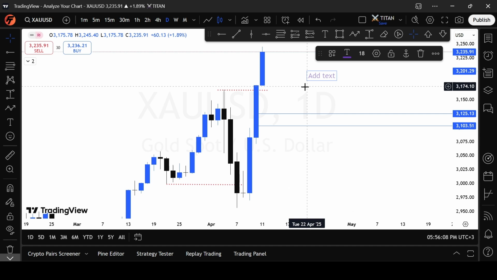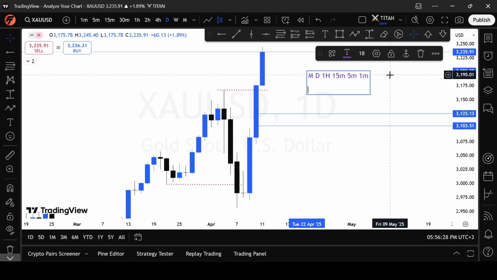One is one that starts with the monthly time frame, following the daily time frame, the hourly time frame, and the 15-minute with the 5-minute, and finally the 1-minute time frame. This is just one set, okay? Time frame coordination. So we can frame the trades and later on we execute, okay?